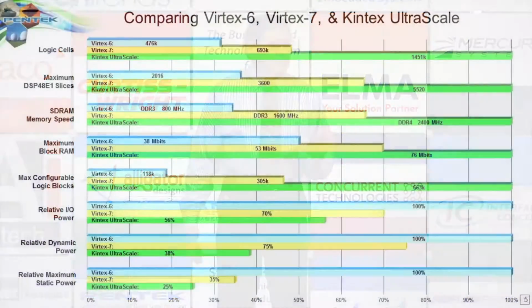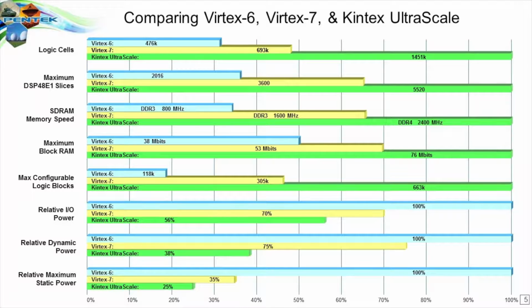We'll just have to live with that. And this shows a dramatic increase in the number of logic cells with each successive family within a 42.5 or 40 millimeter square package. So you can see that this is all going up. At the same time, the geometry size is shrinking down to 20 nanometers now, where you get more resources in the same size. So that's kind of how they do it.